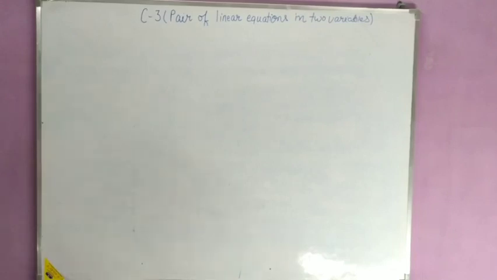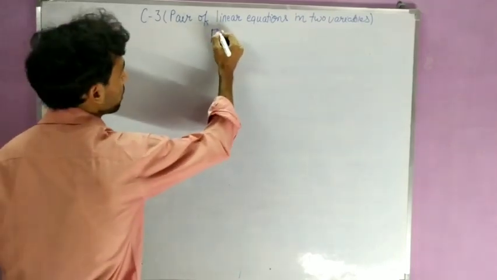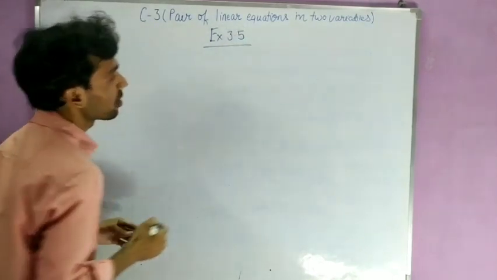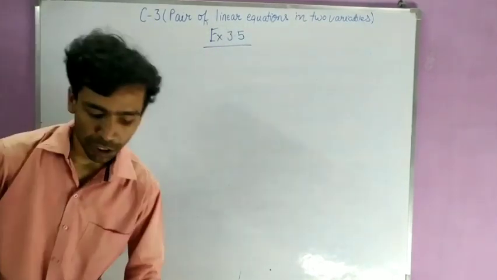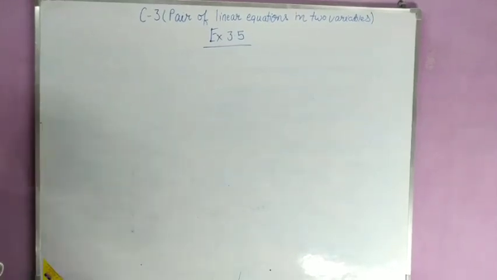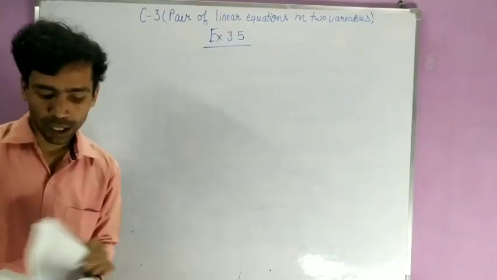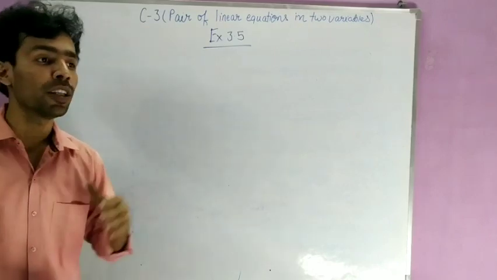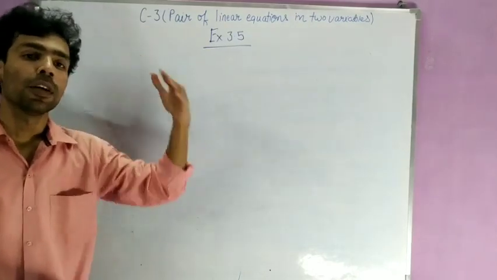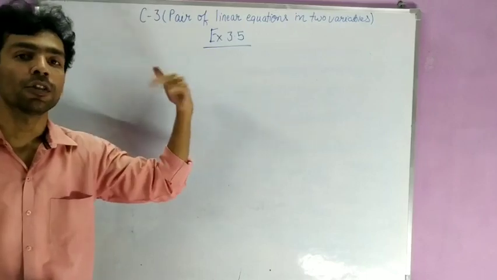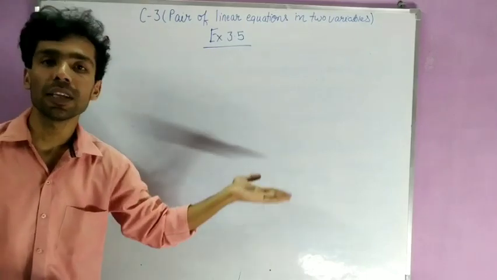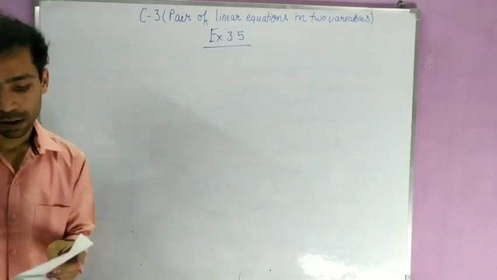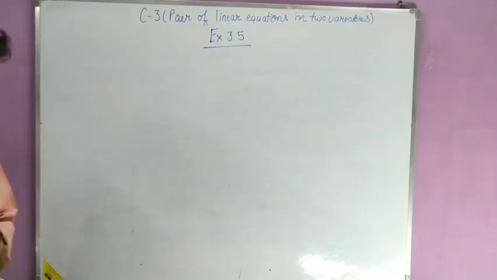Now we will start exercise 3.5, and this exercise is basically based on the cross multiplication method. I hope all of you have the book. So let's begin. If you want to check how that formula comes, you can solve both equations by the elimination or substitution method, and in the end you can find that result. So don't worry about where it came from.